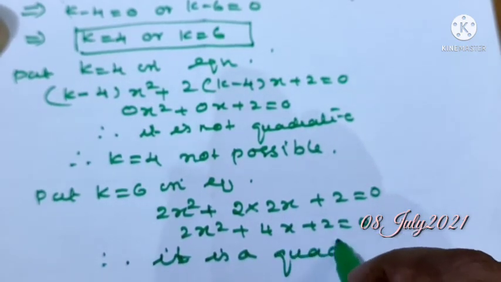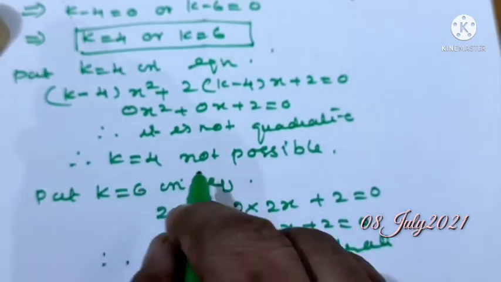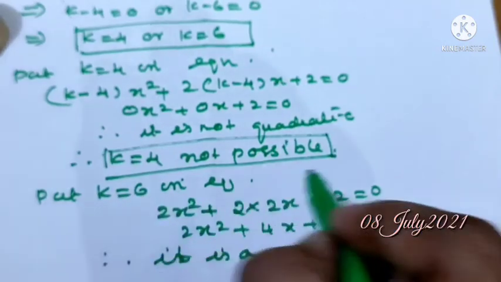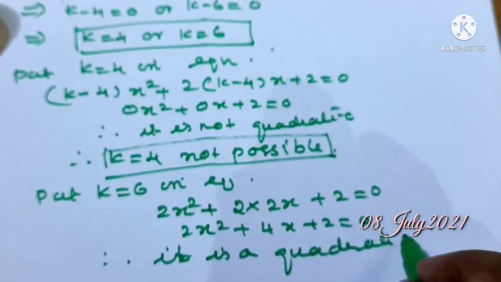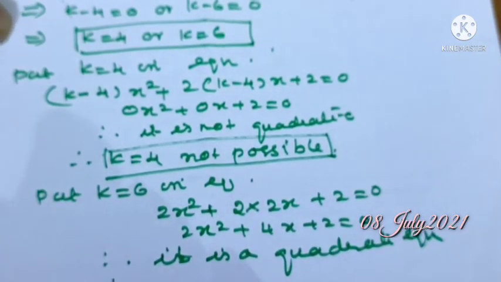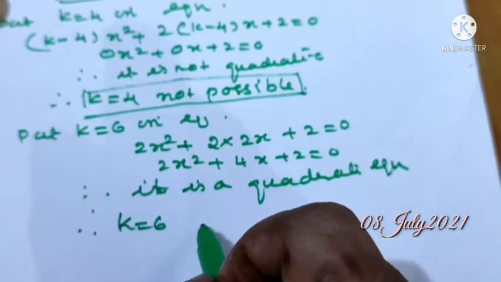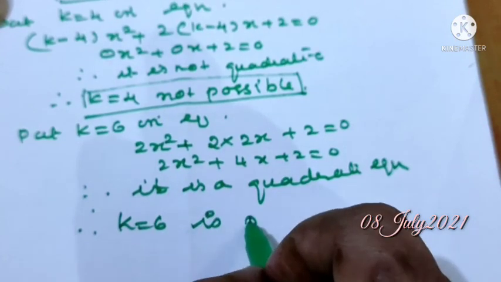Not required this part. You can write that k equal to 4 is not possible. So k equal to 6 is the solution. Therefore k equal to 6 is possible.